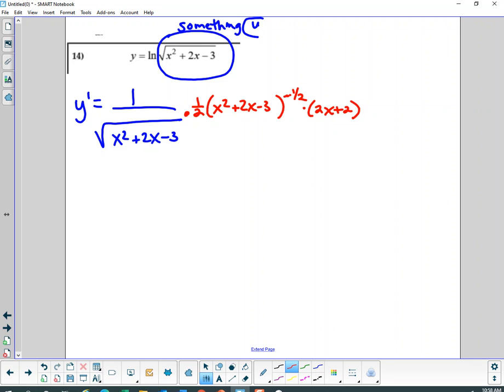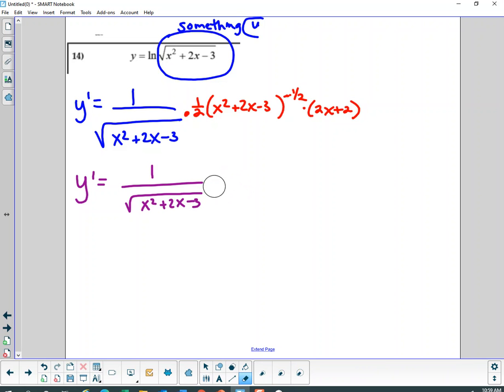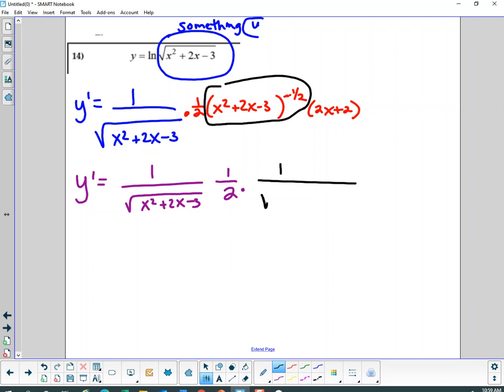I would have to take all of that and put it together in a more simplified form, probably if we were looking at a multiple choice problem. If this was a multiple choice question, the answer would not look like this. So I would have 1 over the root, and then I would have the half, and then this to the negative 1/2 is 1 over another root of that, and then this would be over 1.